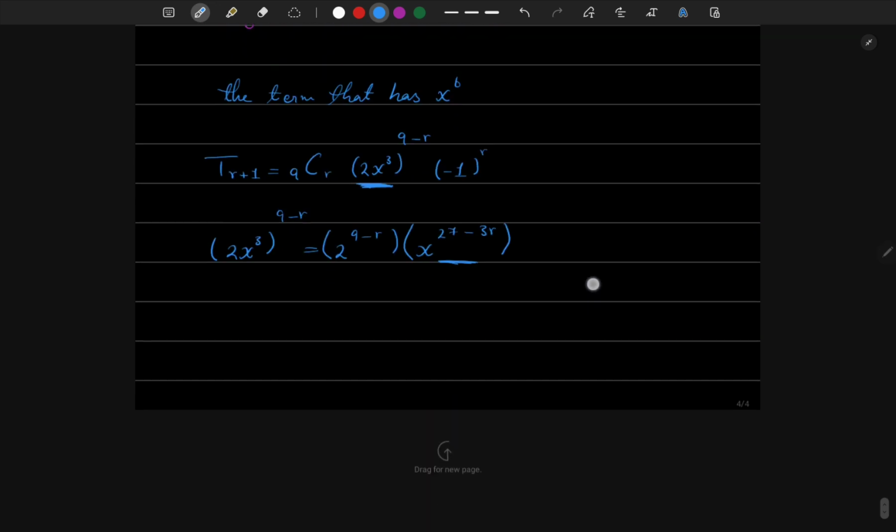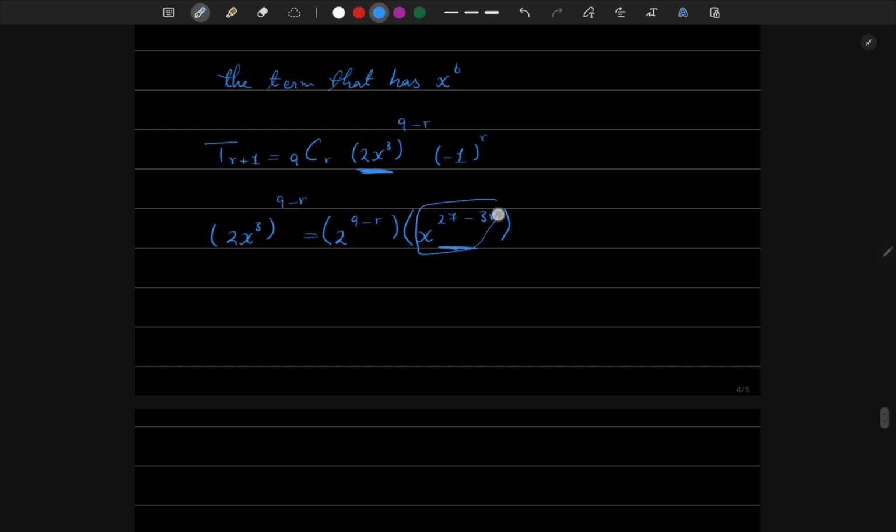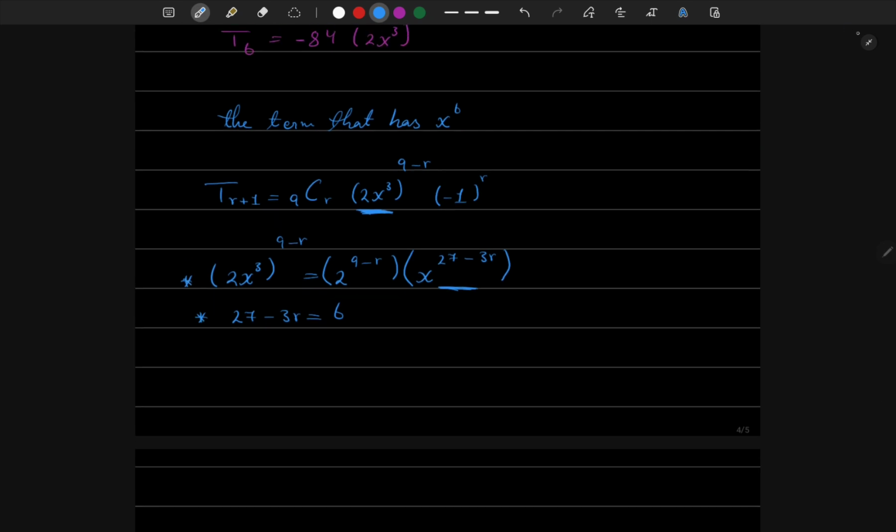What I want to get is x to the power of 6. So I need 27 minus 3r to equal 6. I'm just going to make those bullet points here so that it's not confused with the question itself, since I'm doing different tasks.